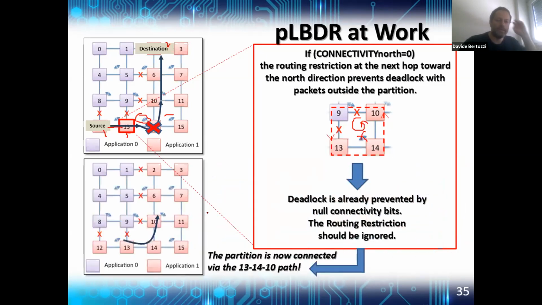You see? So the packet is routed as though the routing restriction at the next hop were not existing. So I am selectively masking routing restrictions by monitoring the connectivity bits, by monitoring whether the packet is traveling along partition boundaries. Now, this new partition shape is fully connected.